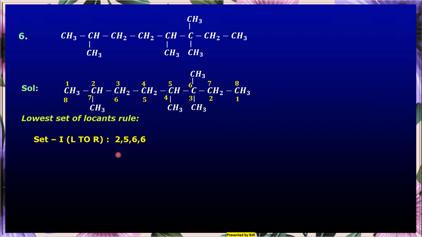This is set 1, and set 2 from right to left is 3, 3, 4, 7. These are the two locant sets.